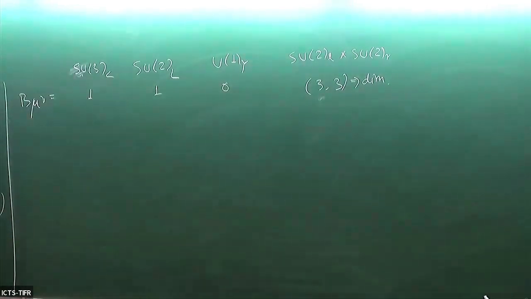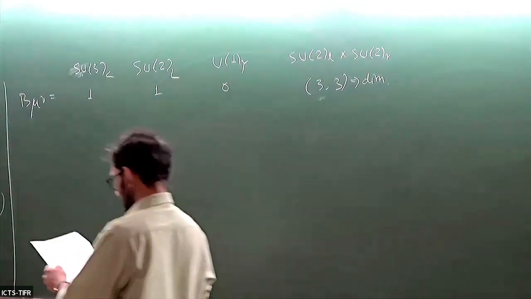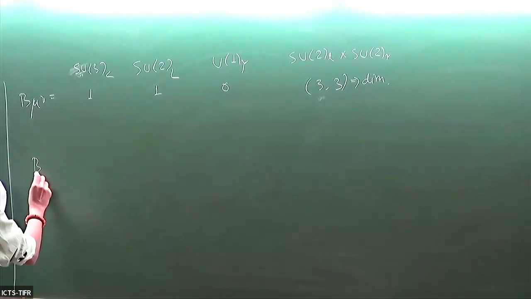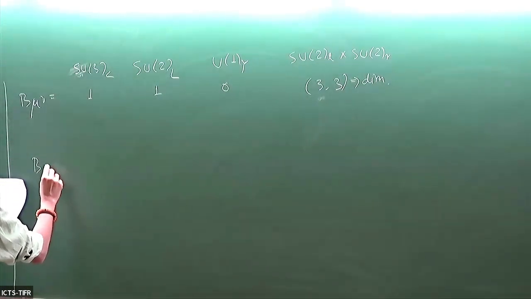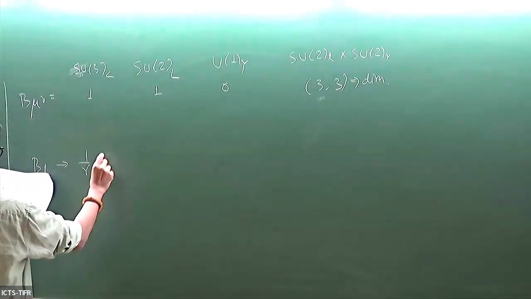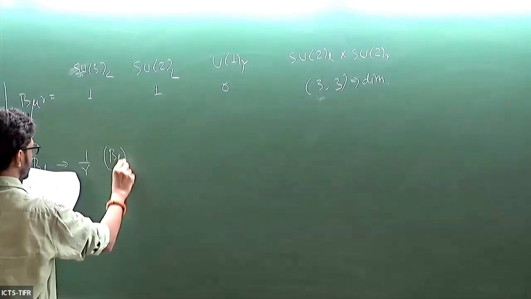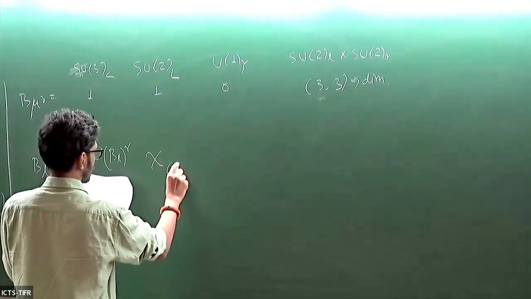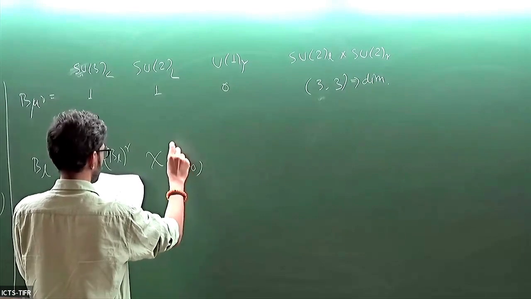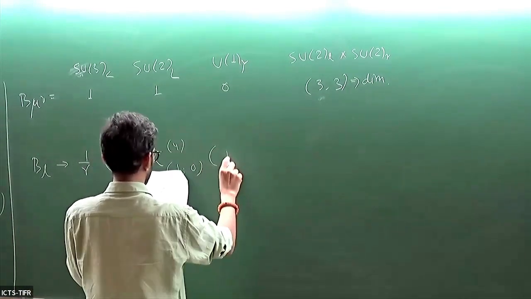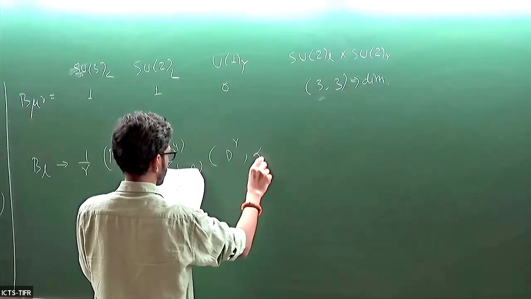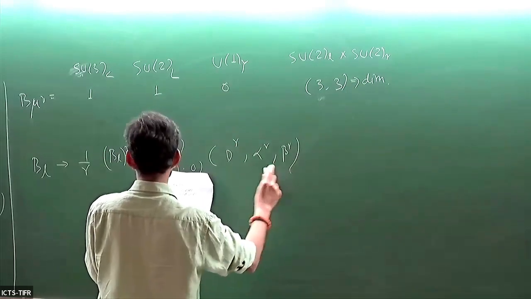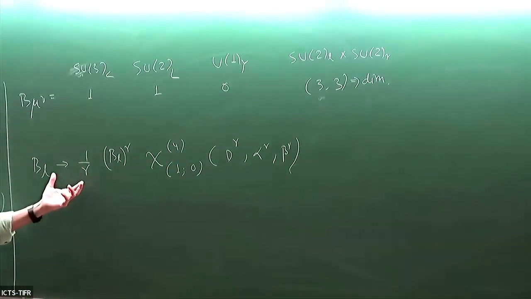Okay, so now if you do that, what you have to calculate is this quantity: the sum over r of B_L to the power r by r, chi (1, 0), or d r. Right?